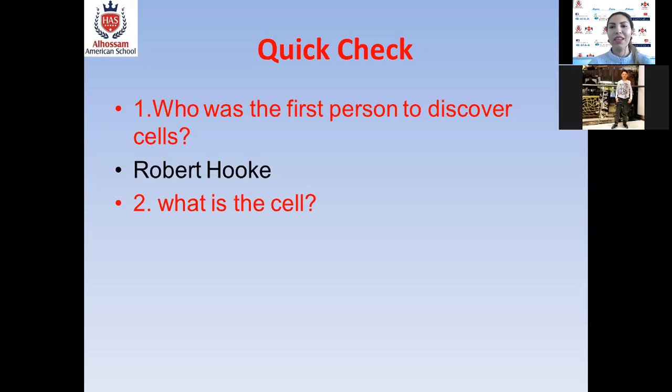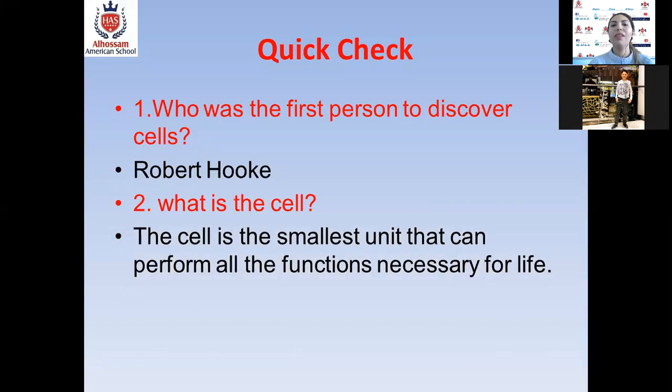Yes, good morning. The cell is the smallest unit that can perform all the functions necessary for life. Yes, great job. Thank you so much, Ahmed. So, the cell is the smallest unit that can do all functions necessary for life.